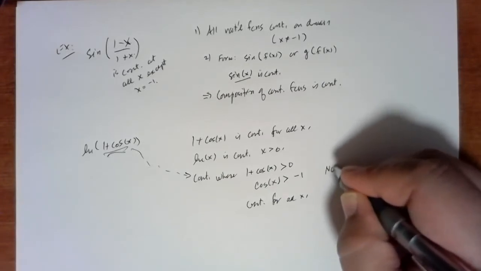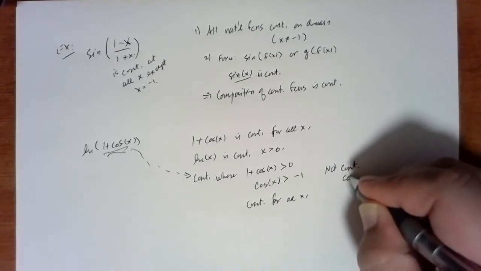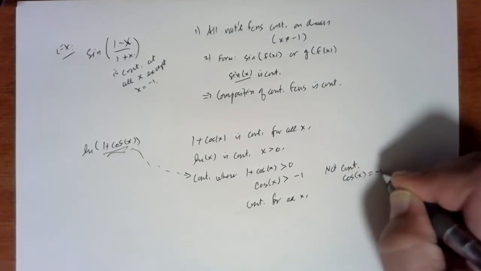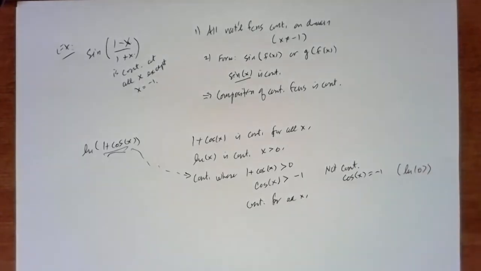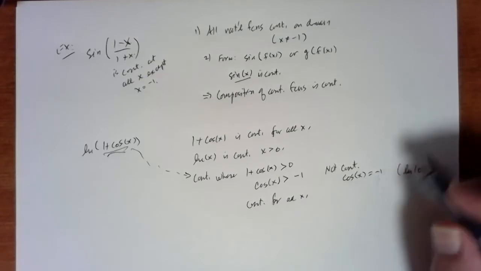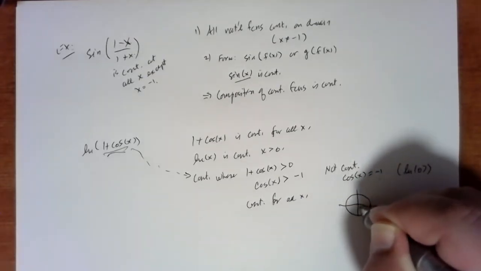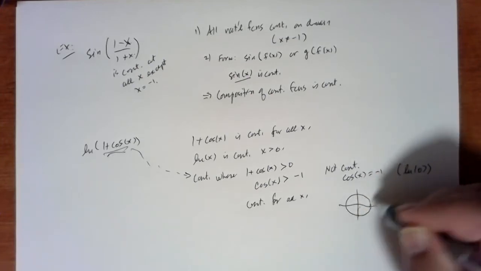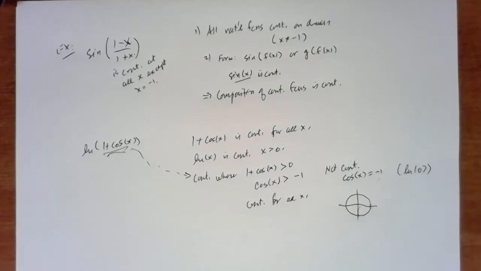This is not continuous where cosine of x is equal to minus 1, because that would be the natural log of 0, right? Which is not defined. And where's the cosine equal to minus 1? Do you remember? Think about the unit circle maybe. The cosine of x is the x-axis.